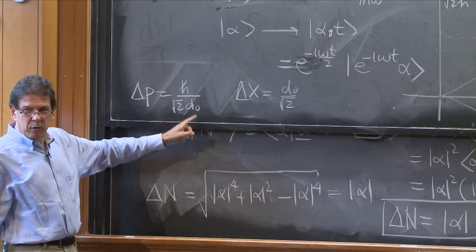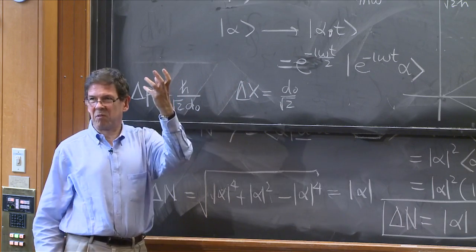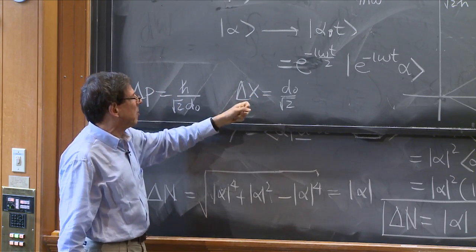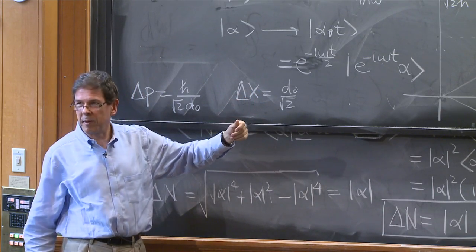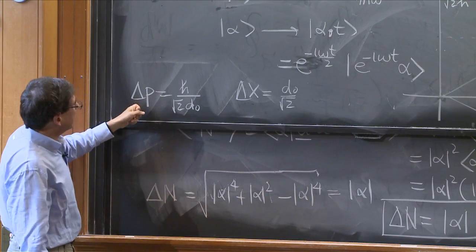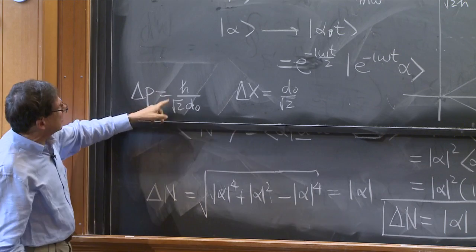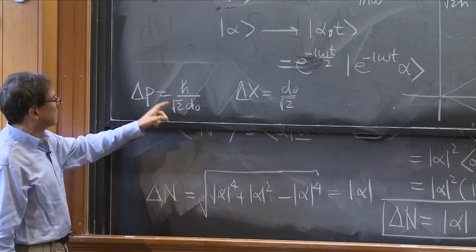These are not hard to remember. d0 is the length scale of the harmonic oscillator, so that's typically what the uncertainty should be. The square root of 2, yes, it's hard to remember. But delta p is this one, and then the other thing that you know is that the product should be h bar over 2, so that is correct.